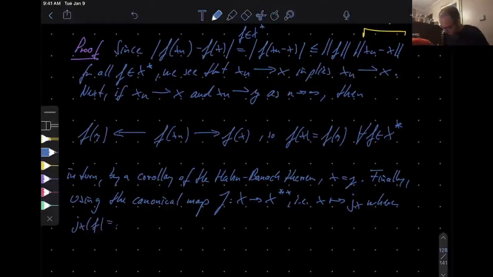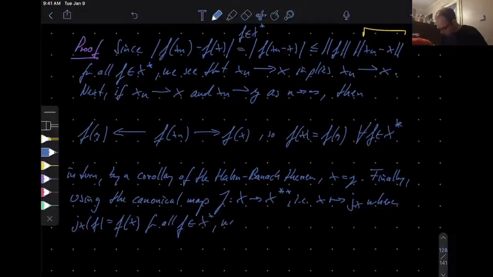Jx of f is pointwise evaluation at x, for all f in X star. We know that J is an isometry, capital J is an isometry, and this just meant this.